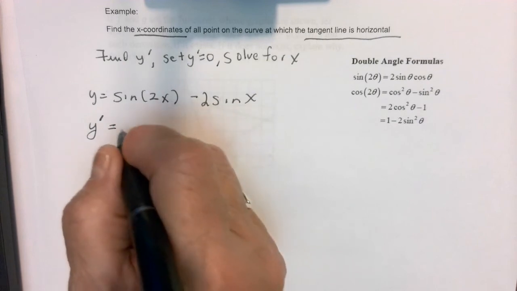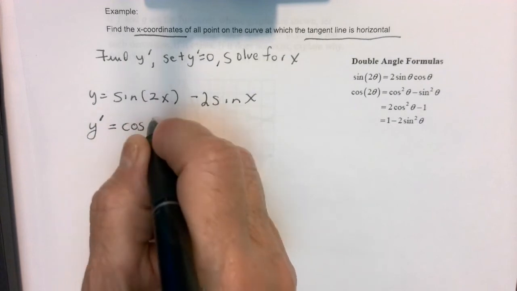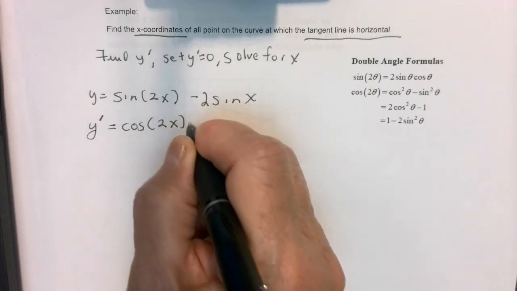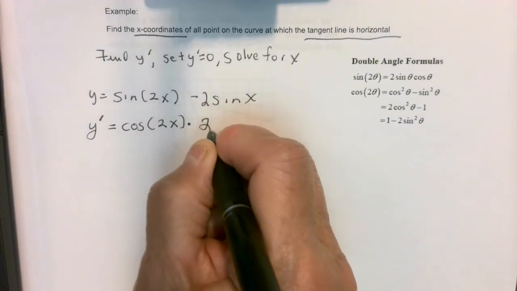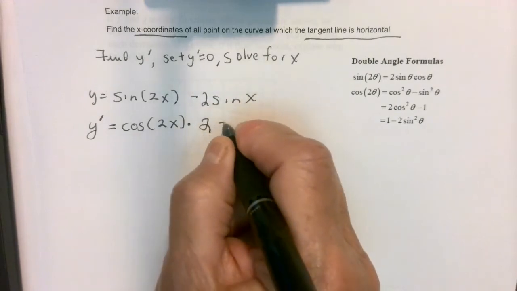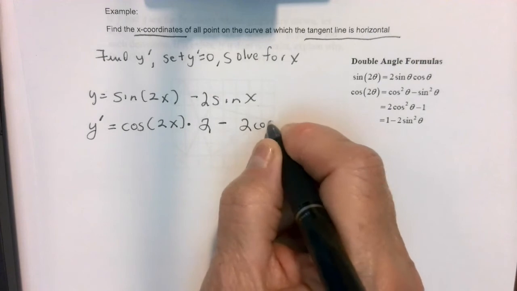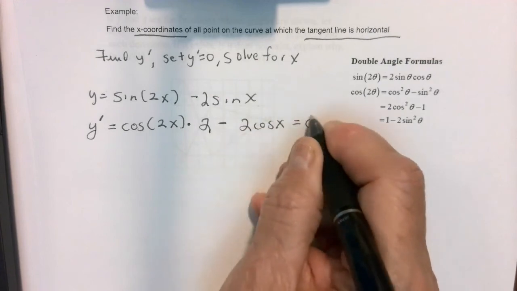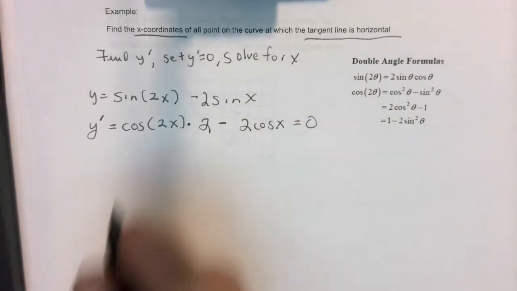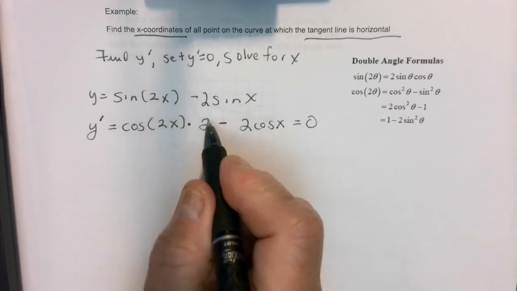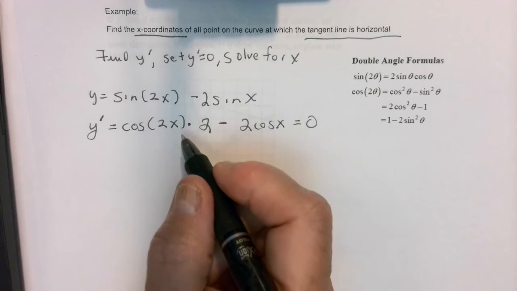So we do the derivative of the outside. So derivative of sine is cosine with the inside times the derivative of the inside, minus 2, and the derivative of sine x again is cosine x. And then we're going to set that equal to 0. When you've got just a constant times x, you end up just multiplying times that constant.